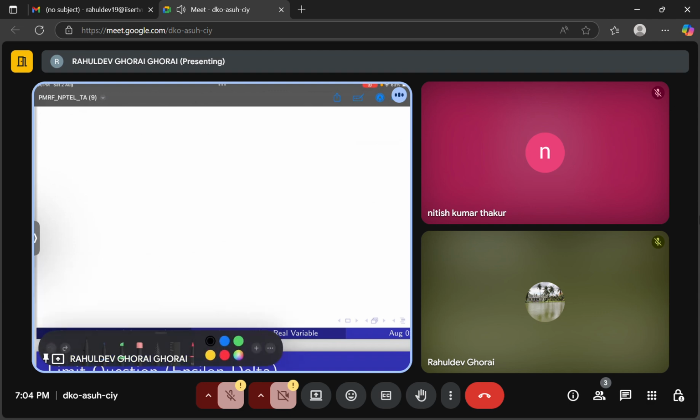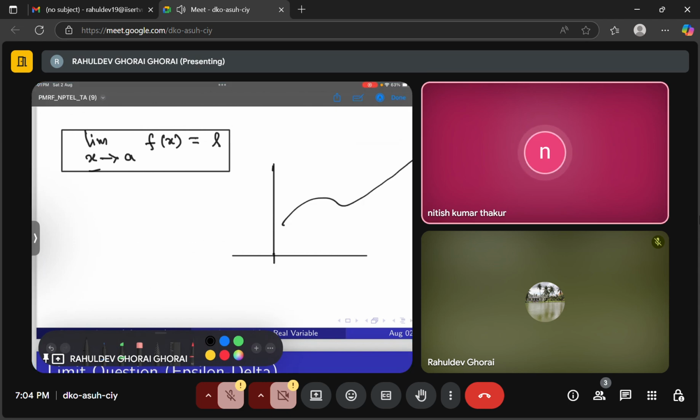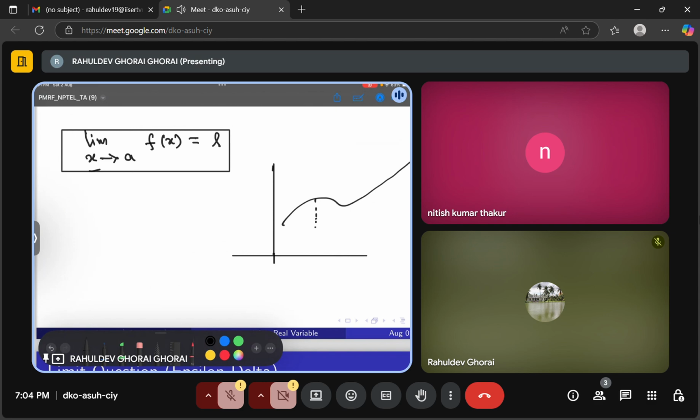Maybe let it be. So you have limit as x tends to a, f(x) is equal to L, right? What is the meaning of this? Yes. If you have a function, let's say this is f(x), and you have a on the x axis.